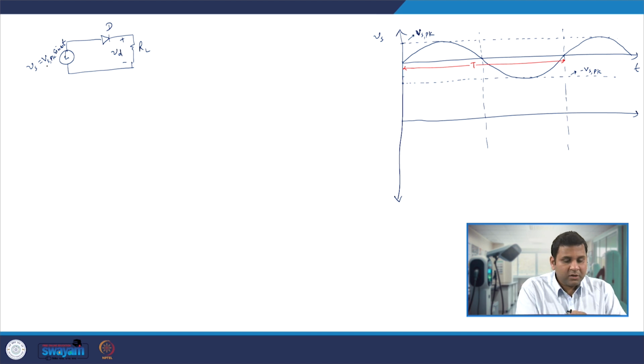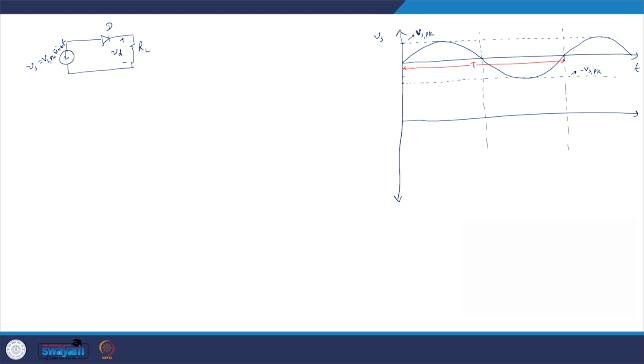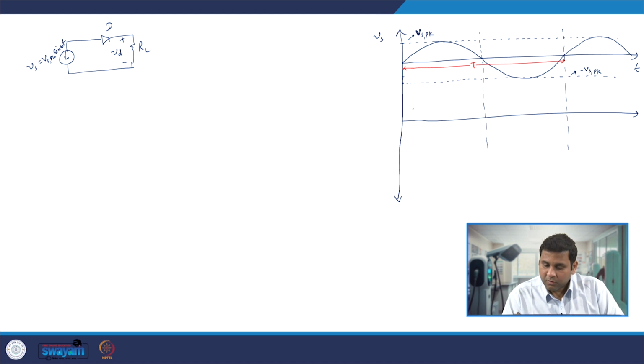Since you are applying a positive half cycle voltage, the anode will be at a higher potential than the cathode, and as a result the diode gets forward biased.